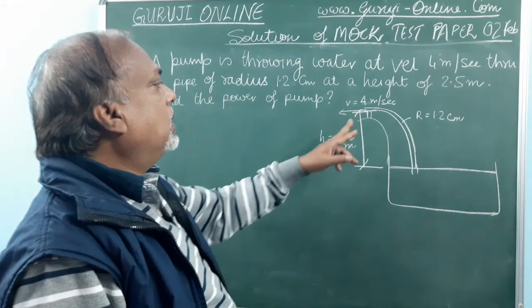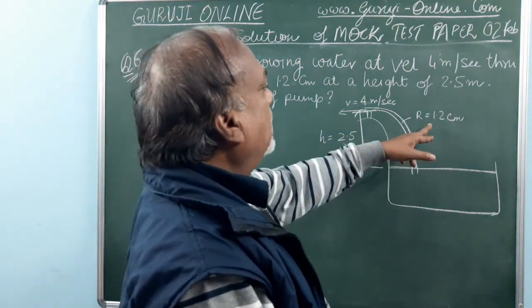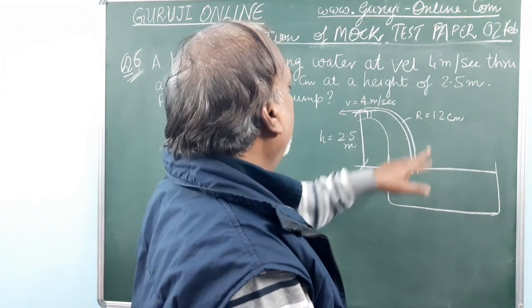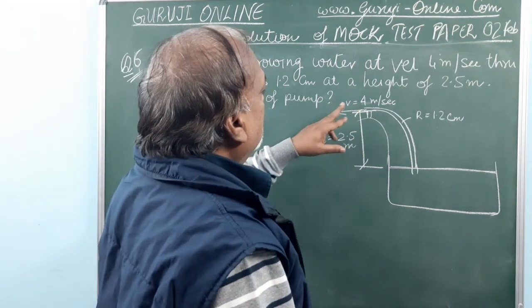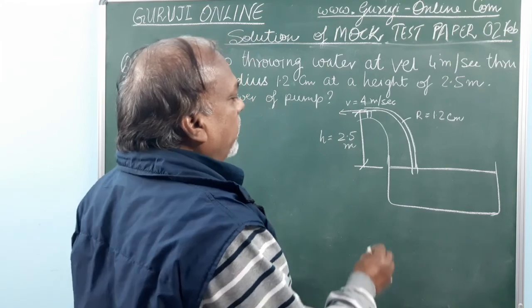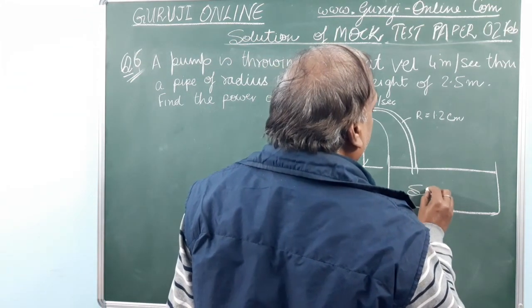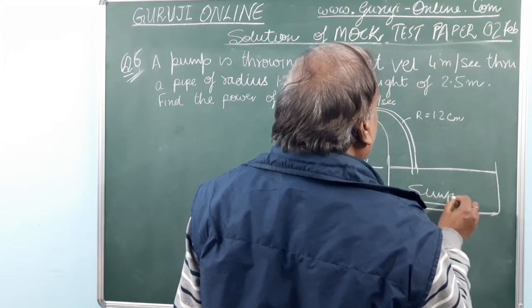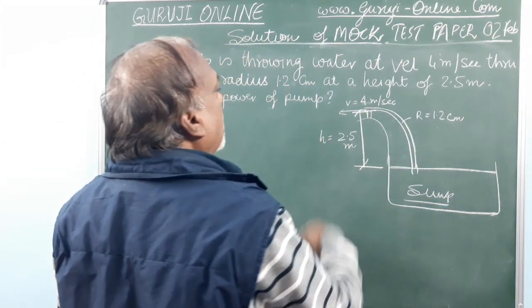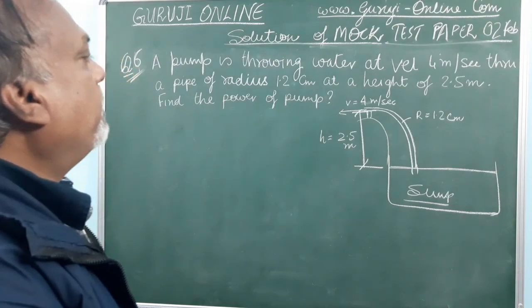So this is the hose pipe, it is 1.2 centimeter radius, height is 2.5 meter, and the water from this sump is coming up at 4 meter per second.